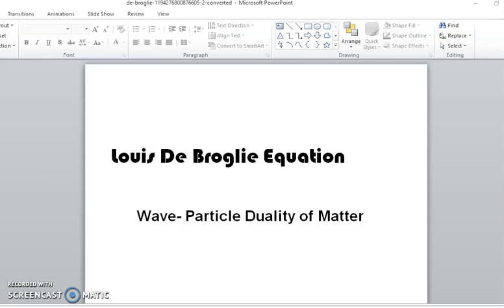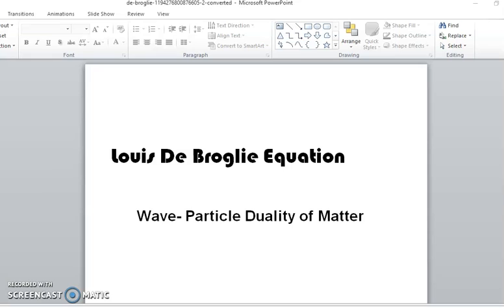What do you mean by the dual nature of radiation? It possesses a wave-like nature as well as a particle nature. Whenever light propagates in a medium, it shows wave nature, while whenever it interacts with matter, like in the photoelectric effect, it shows particle nature. That was the idea proposed by Einstein.